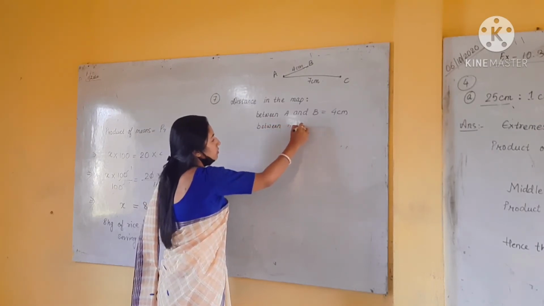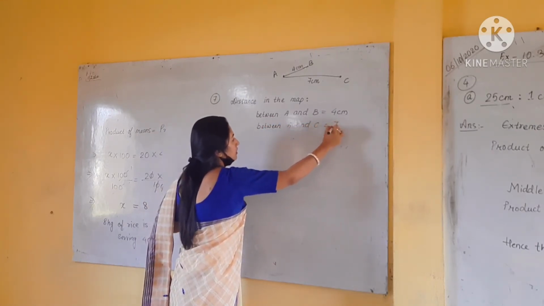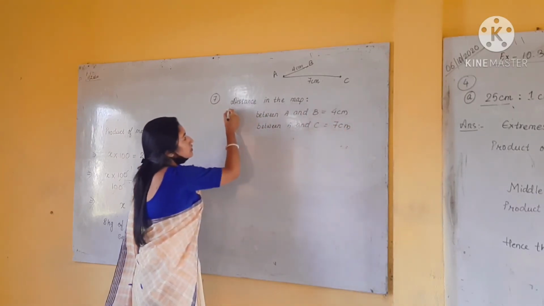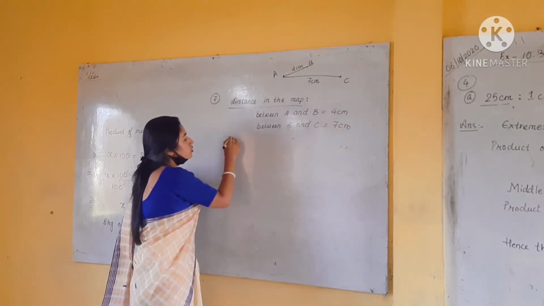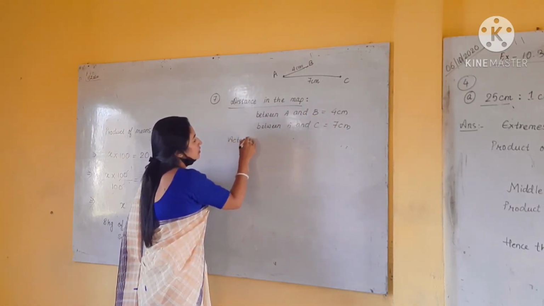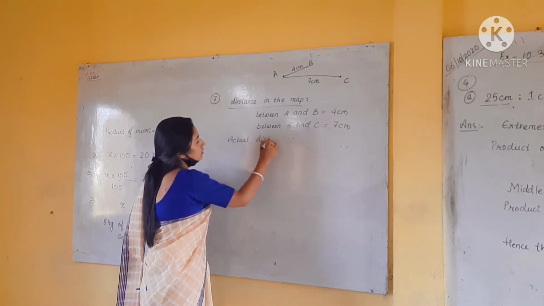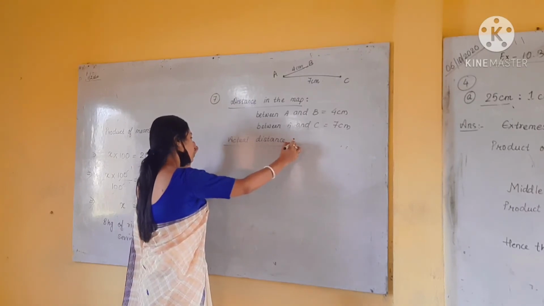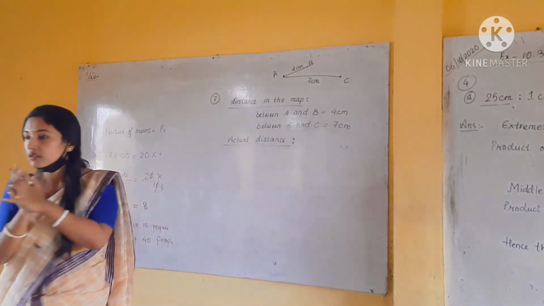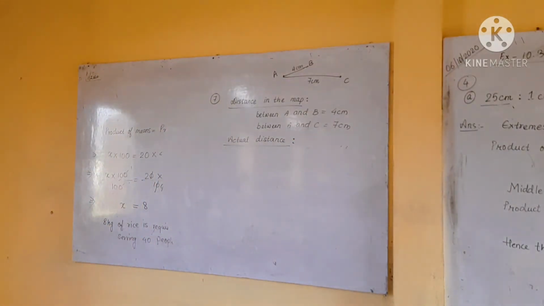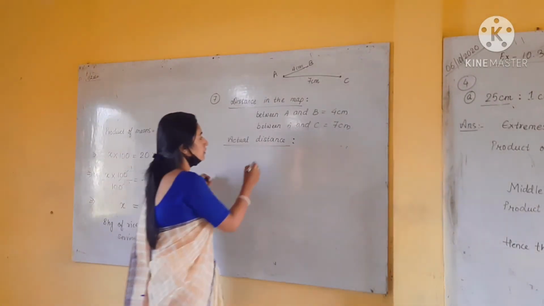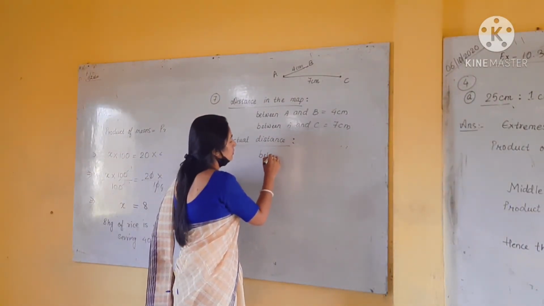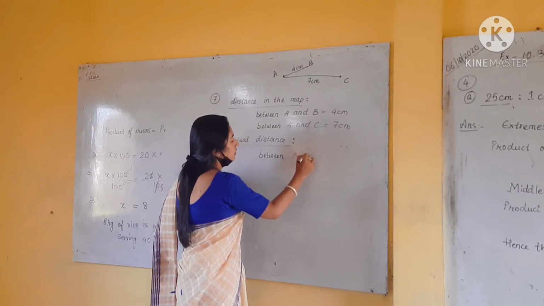Between A and C is how much? 7 centimeter. This is the distance in the map. Actual distance. Actual means the original distance. Between A and B, 50 kilometers.